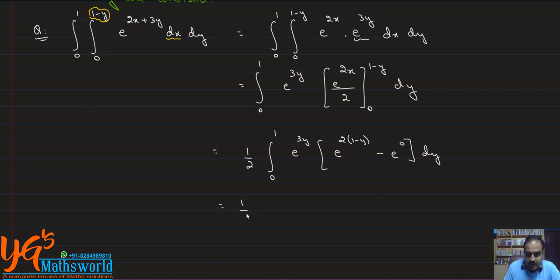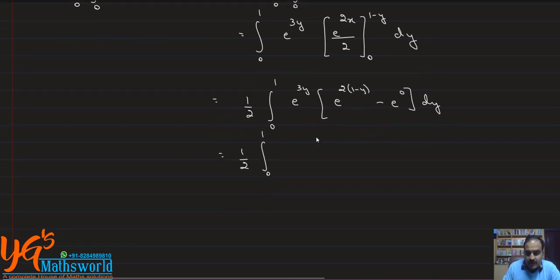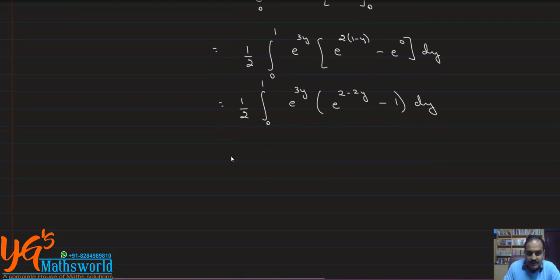into dy. That will be 1 by 2 integral 0 to 1, e raised to power 3y into e raised to power 2 minus 2y minus e raised to 0, that will be 1, into dy. Now just expanding the brackets.